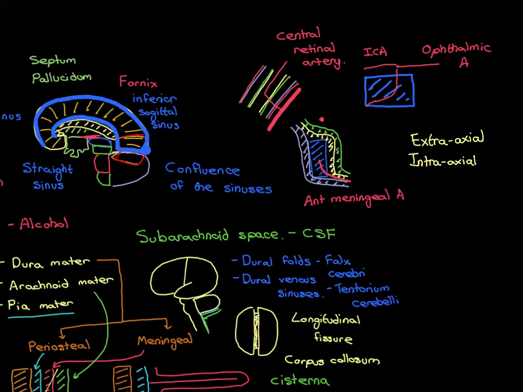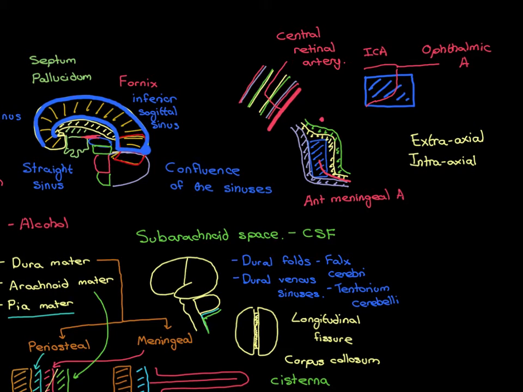The extra-axial ones are the ones that I'm interested in discussing because they are the ones that run in the subarachnoid space, i.e. they're within the meningeal layers, and their walls can be innervated by meningeal nociceptors, so that's why we're interested in discussing some examples here. Okay, so we're now going to discuss extra-axial brain arteries.